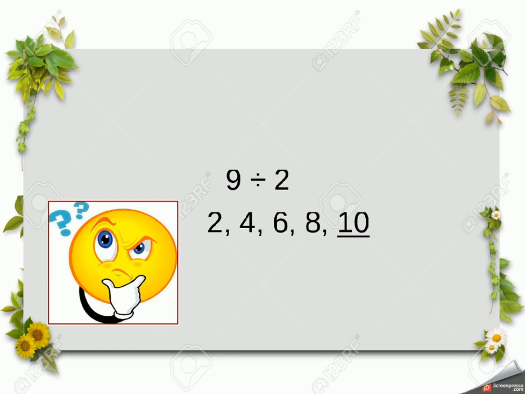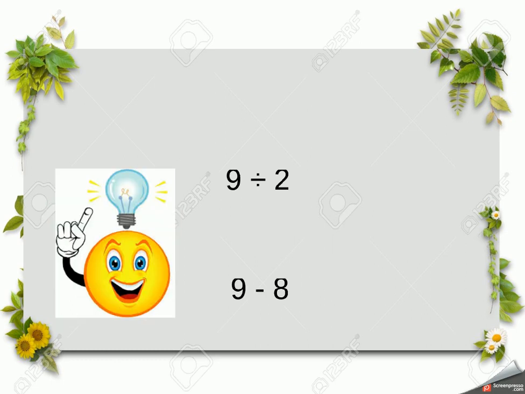Well, the 2 fits into it 4 times, giving me 8. 2, 4, 6, 8. I'm going to look at, if I took that 8 out, how much would I have left over? So I've seen that the 2 fits into it 4 times, giving me 8. I'm going to take that 8 out of the 9.